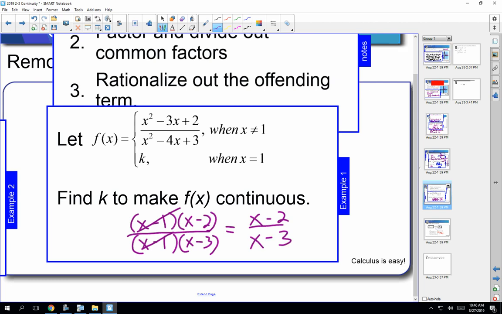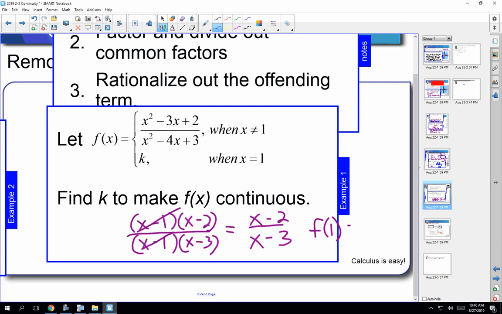And then all that you have to do is find what f of 1 is of that simplified rational expression. Or really I should call it g of 1, because this is a new function that's simplified.